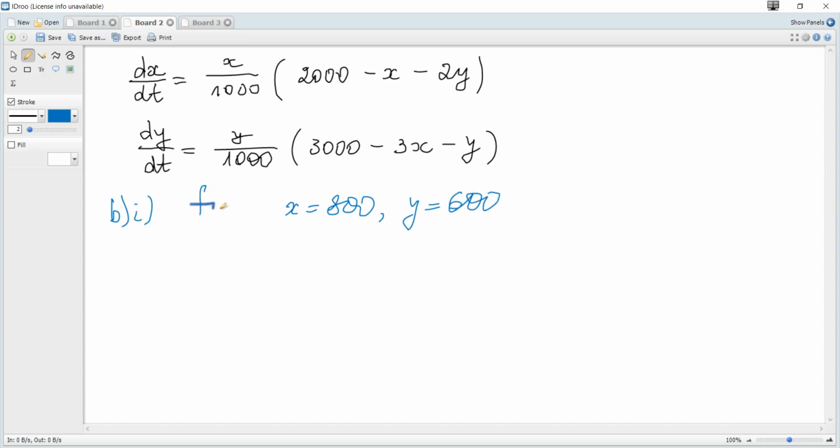So we need to consider dx over dt and dy over dt for these values, and show that it's 0 and it's also 0.